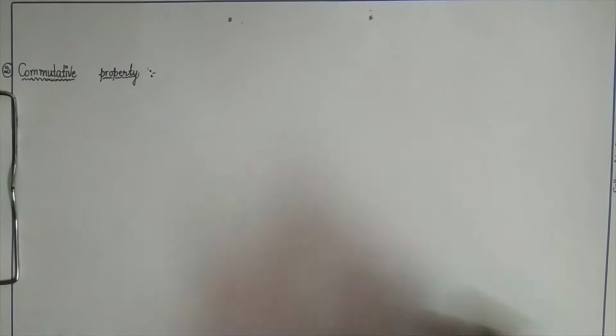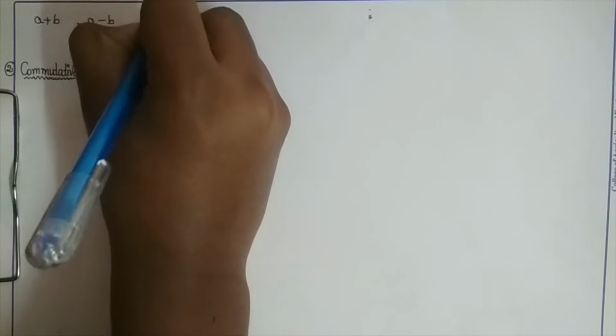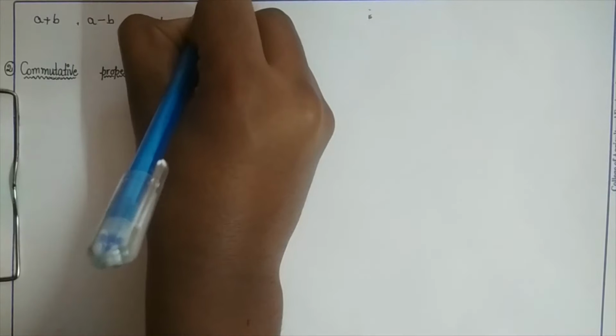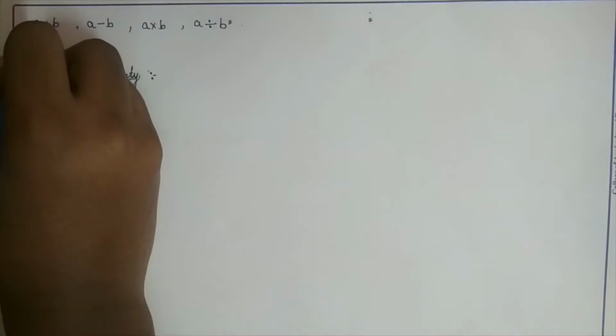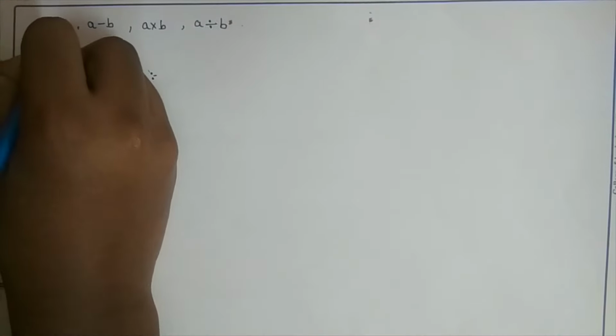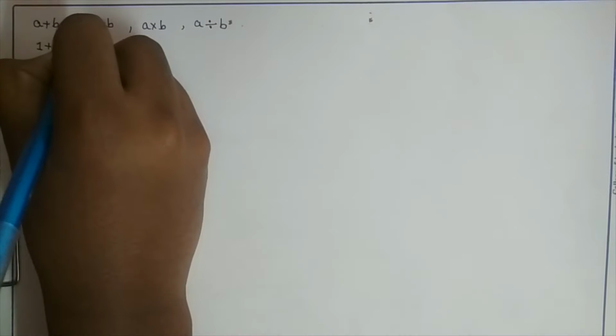Now under rational numbers, let us see how many of the fundamental operations the rational numbers satisfy. So a plus b, a minus b, a into b, and a divided by b. Let us take 1 plus 2 is equal to 3.